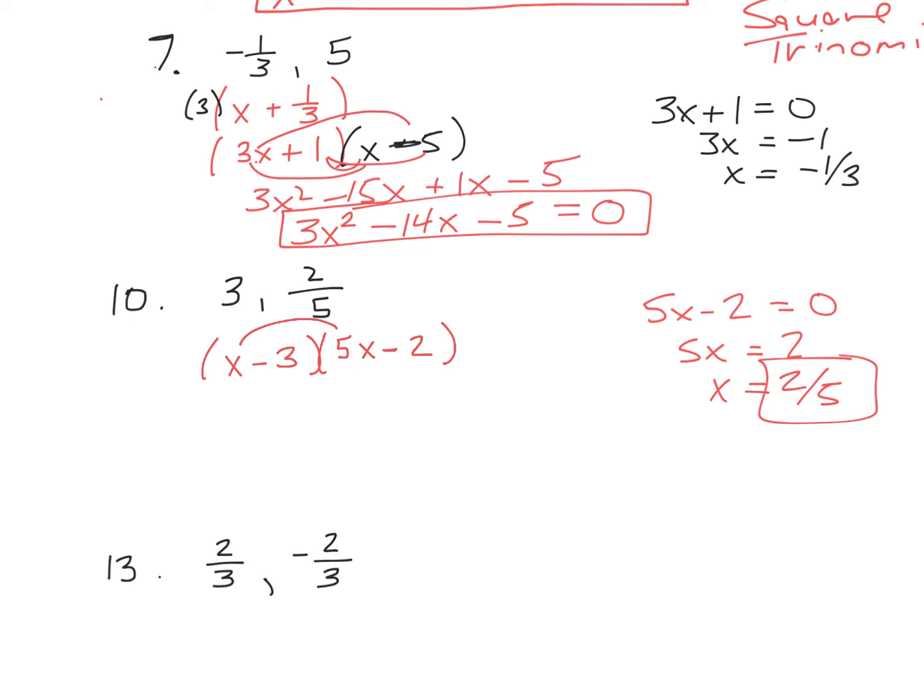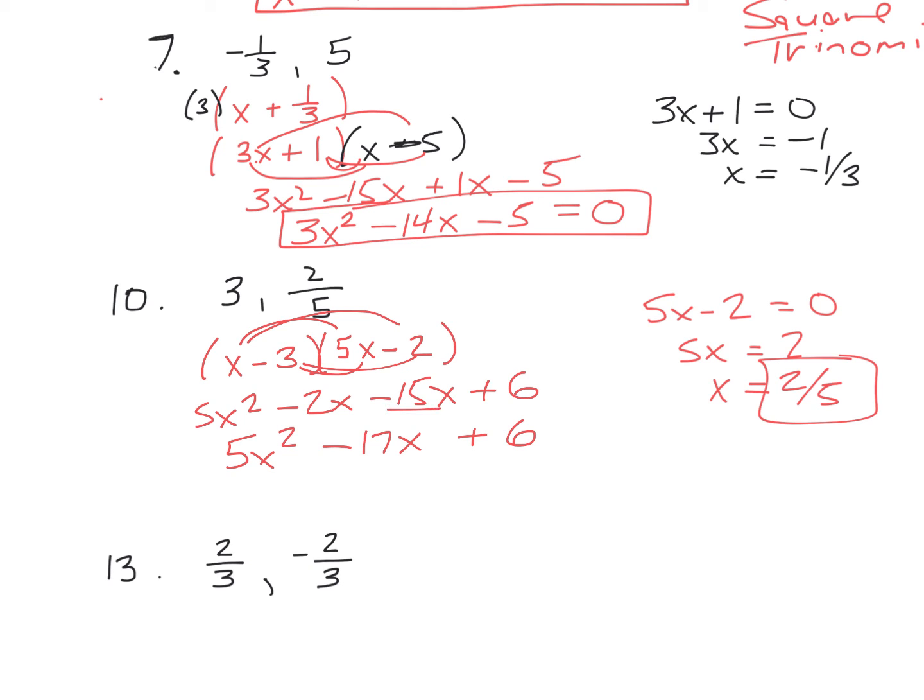Then I'm going to FOIL, so I've got 5x squared minus 2x minus 15x plus 6. If I combine those like terms, I have a negative 17x for my outsides and insides combined. And this would be my quadratic that has those given solutions.